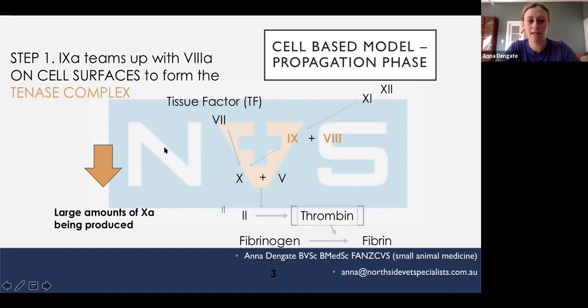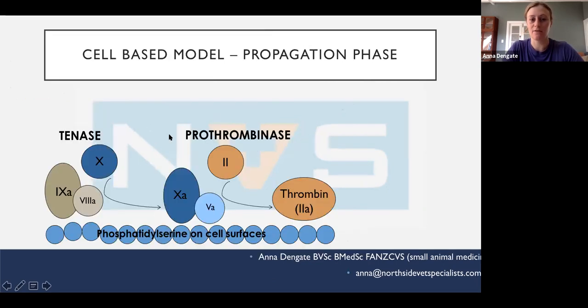So step 1 is the 10Ase complex forming. Now these factories are forming on the surface of those platelets. That's why the factory site got cleared in when the phosphatidylserine went to the surface of the platelet. That's the factory site, and then this first factory gets produced on the platelet surface.